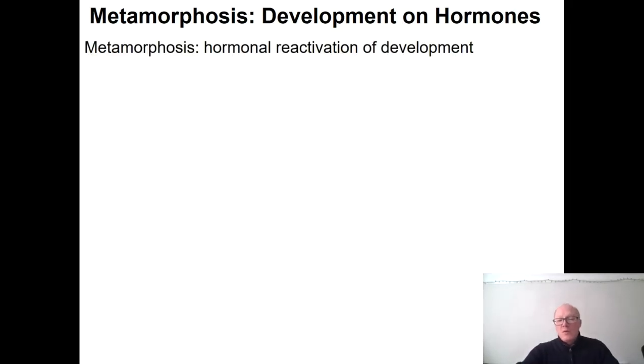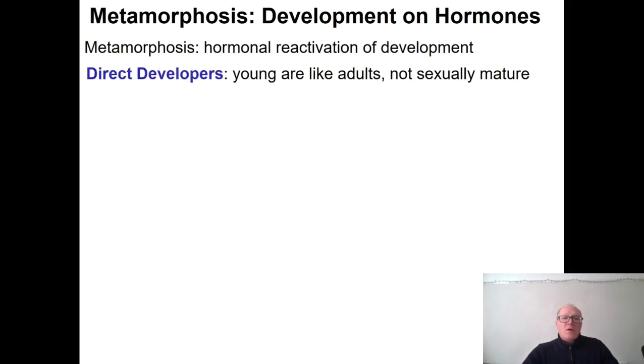What is metamorphosis? Well, metamorphosis can be defined as development on hormones. So it is the hormonal reactivation of development. In terms of how the young individuals compare to the adult individuals, we can have animals that are direct developers, like most mammals, like us, where the young individual looks a lot like the mature or adult individual.